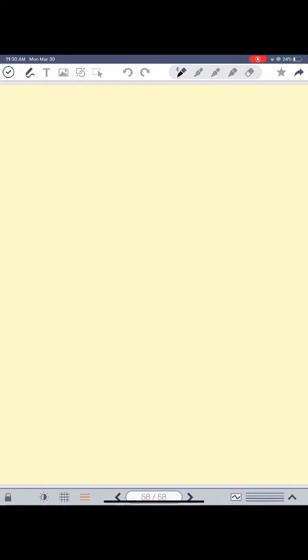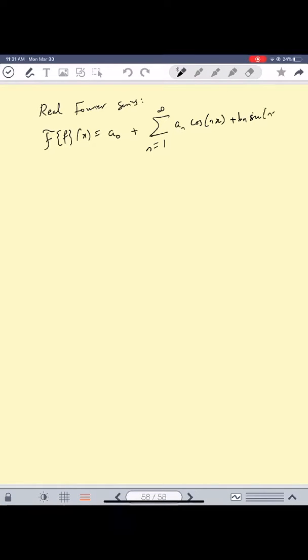Okay, so having done Euler's formula, let's see now how to move from the real Fourier series to the complex Fourier series. What we mean by the real Fourier series is what we used to call the Fourier series, a_0 plus the sum from 1 to infinity of a_n cosine plus b_n sine.